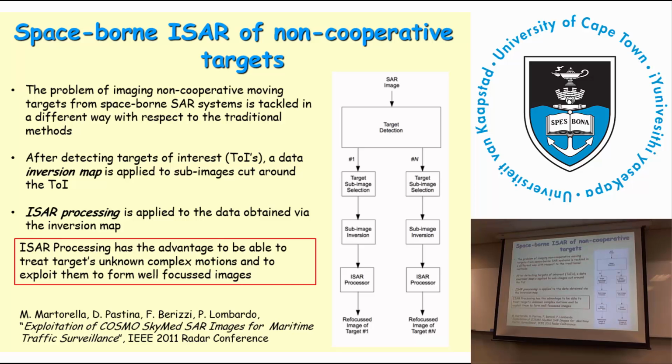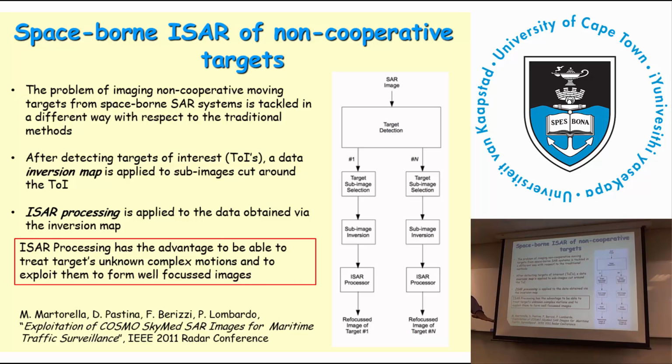So now if you feed your ISAR processor with that data, that data contains the same information that it would have contained if you had isolated the target. And that information contains the motion of that target that the SAR processor hasn't removed. So the residual motion of the target, with respect to the point that the SAR processor compensated for, the centering, for example.